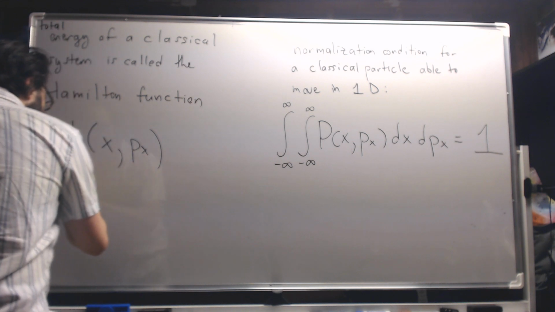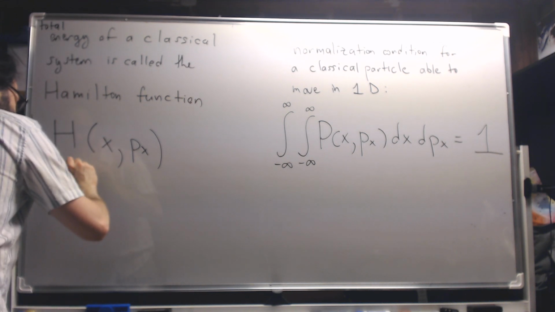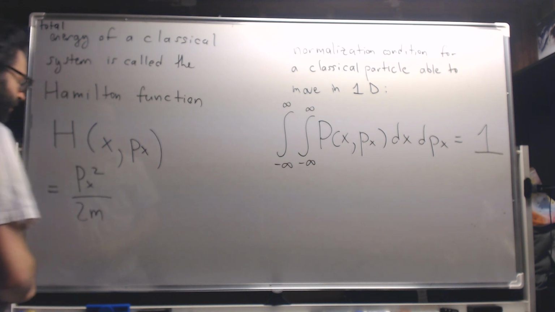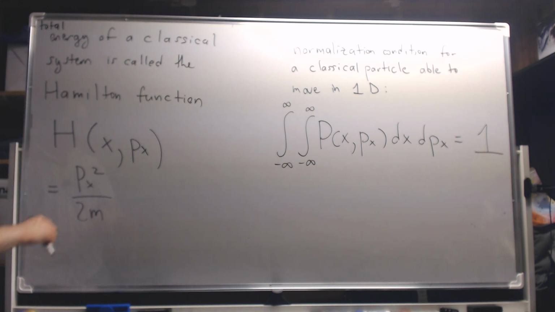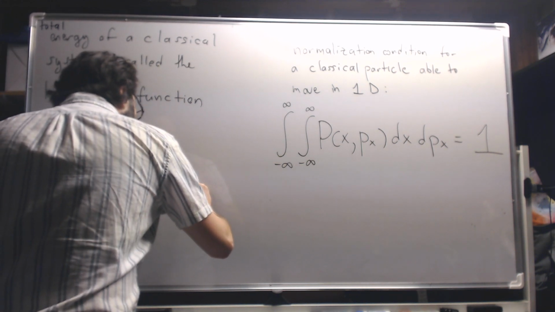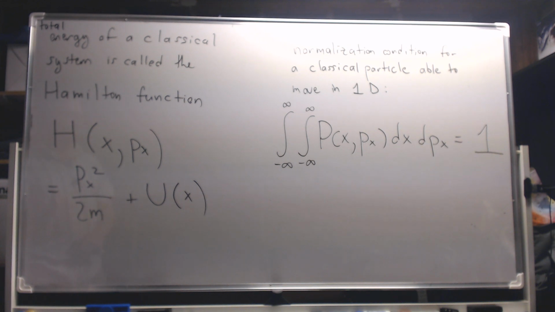The classical energy is the kinetic energy plus the potential energy. The kinetic energy is px squared over 2m, which is the same thing as 1/2 m vx squared. And you can prove that to yourself by noting what px is. Plus the potential energy, I'm going to call it U, which will depend on the spatial coordinate x.